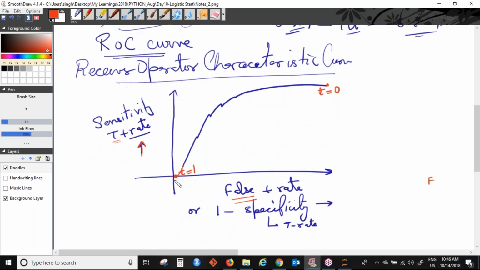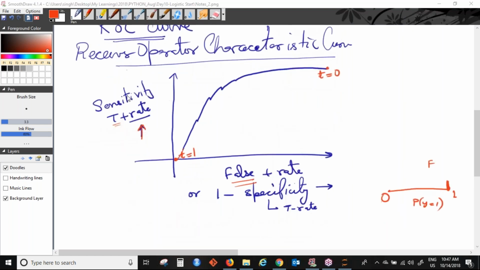Now what would happen when your threshold is 1? So let's say this is probability of y is equal to 1, this is 0 and this is 1. What would happen when your threshold is 1? Tell me guys, what will happen? How many ones will you predict?